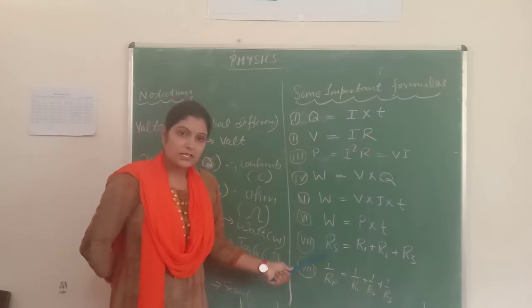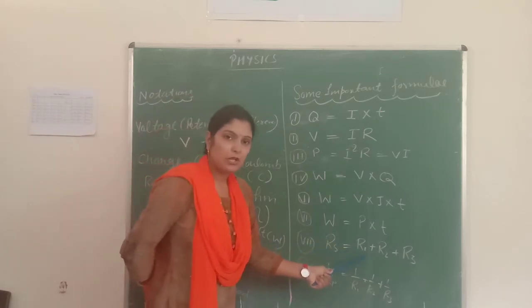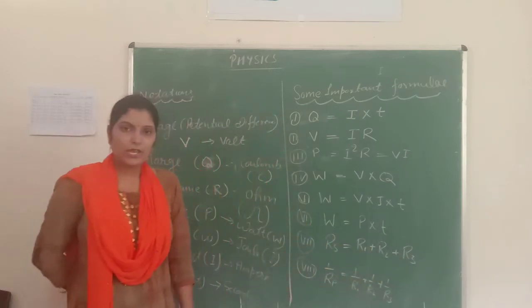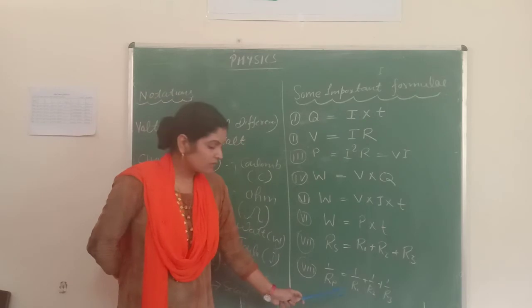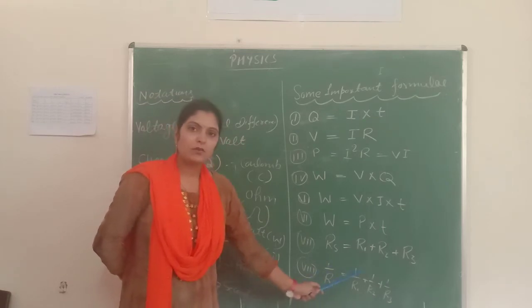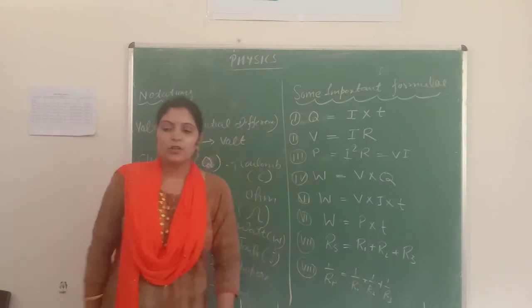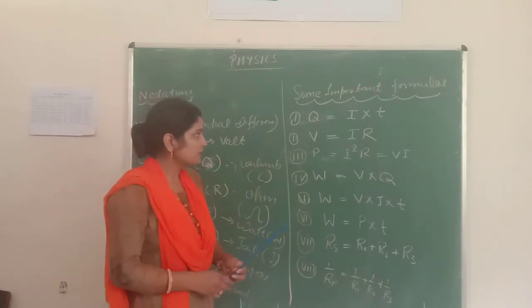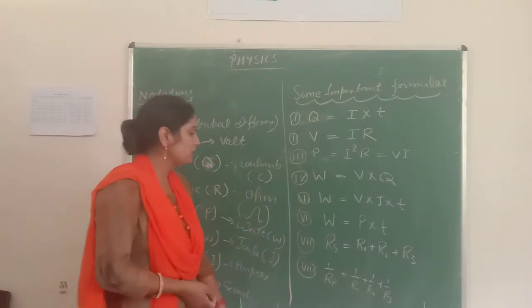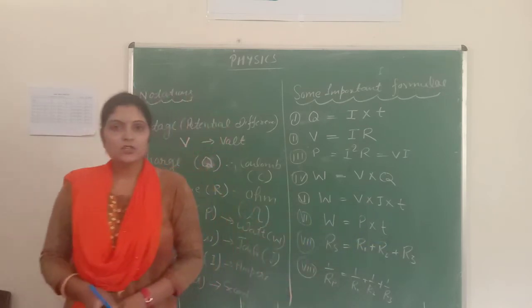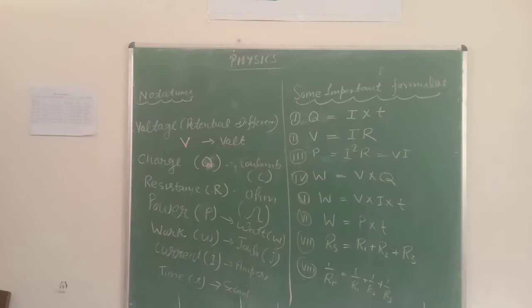In series combination we will use the formula R1, R2, R3, direct addition. But for parallel we use the formula 1 upon Rp equal to 1 upon R1 plus 1 upon R2 plus 1 upon R3. So first of all I am going to solve one numerical based upon the formula.